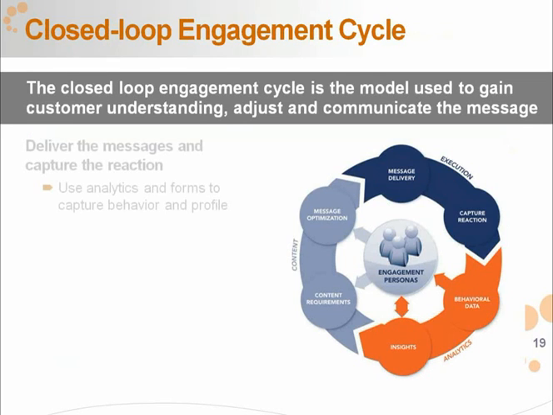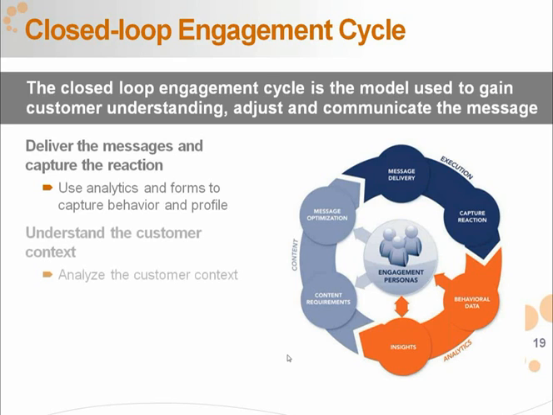Thank you. So here we talk about the closed-loop engagement cycle, and it's really about starting off delivering the messages, and then once we deliver the message, getting the reaction from people. So imagine now we have a website, and we provide people the opportunity to take action on various offers on the website. Maybe if you're in a specific technology industry, you may have two different vertical markets that you're trying to cater to.